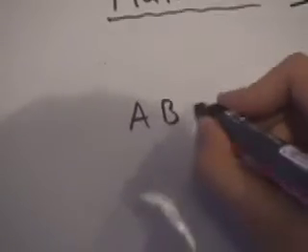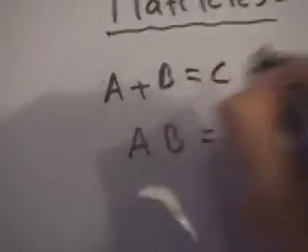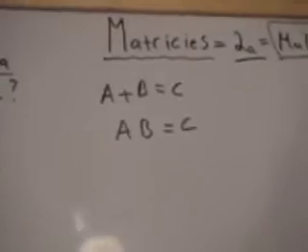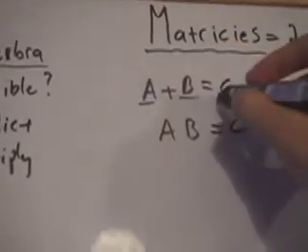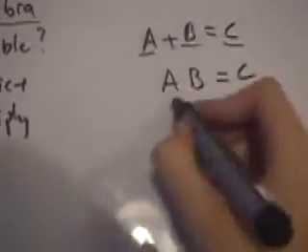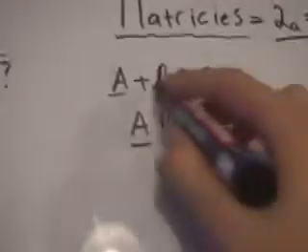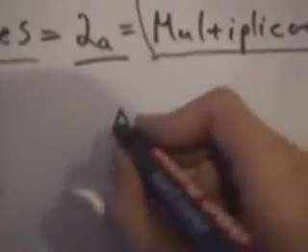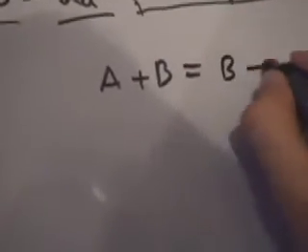A and B equals C. We've already seen in the last module that A plus B is C. What you need to know about matrices with algebra is that when a matrix is denoted as a letter, it's always capitalized. With a matrix, A plus B is equal to B plus A.